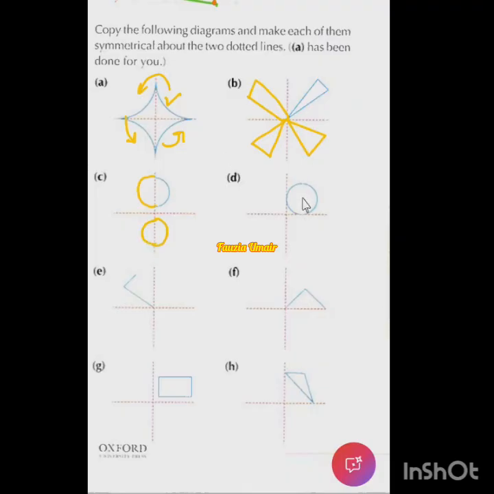What about this D part? I will draw three circles, like one of the circles here and here and here. What about this one, E part? Ma'am will draw like that, and then will draw like that. So like that, right?